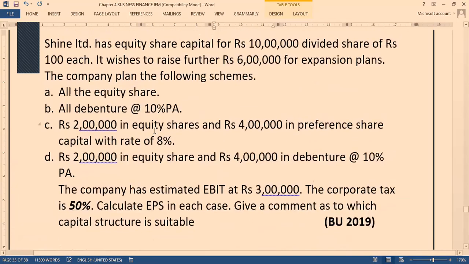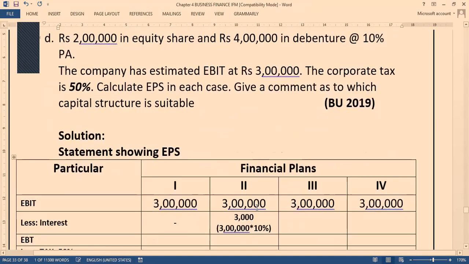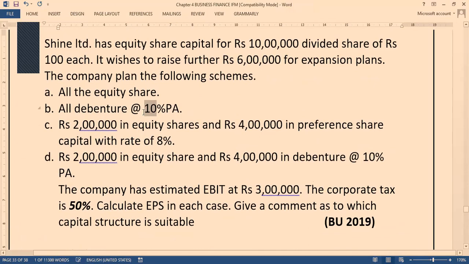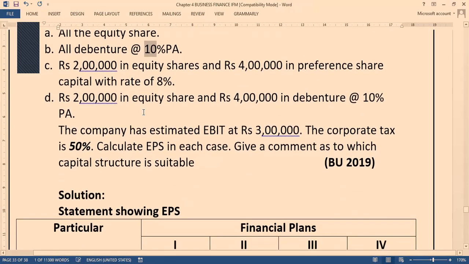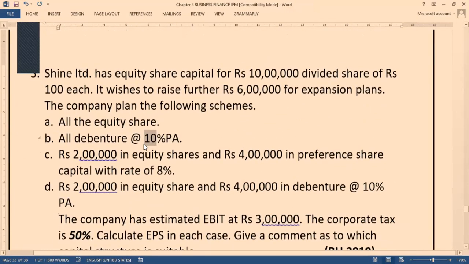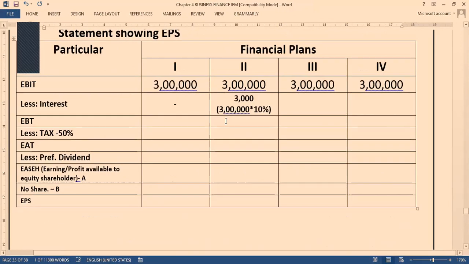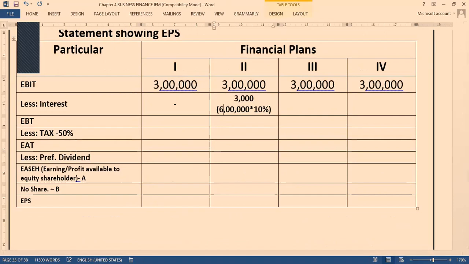You can check the question; yes, they clearly mention 10% per annum. It is not 3 lakh; the total debenture will be around 6 lakh. So 6 lakh into 10% will give around 60,000.